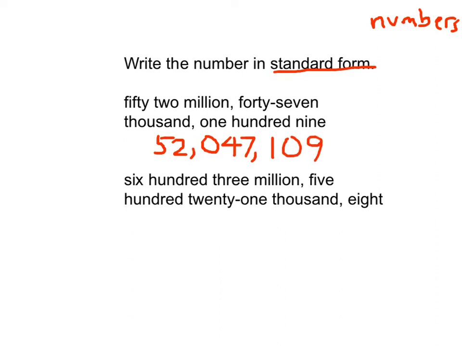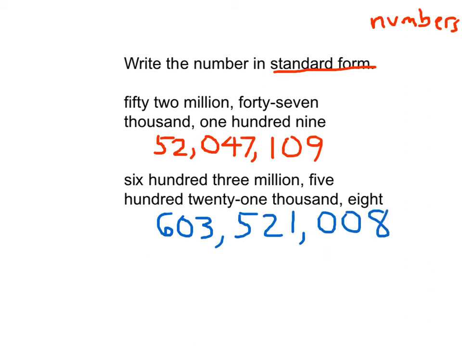For that next problem, it says 603 million. Fine. 603. 521,000. 521. 8. In that period, 2 placeholders, and that 8 there. 521,000.